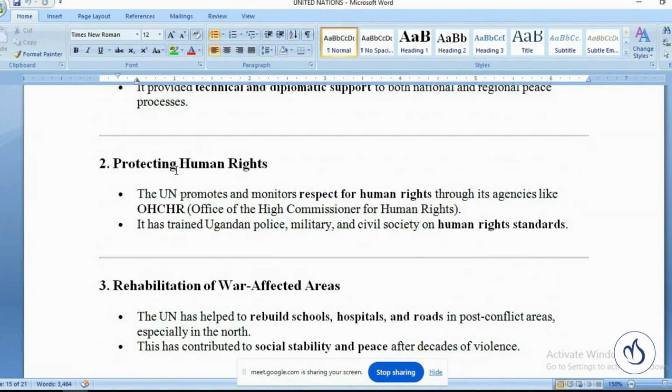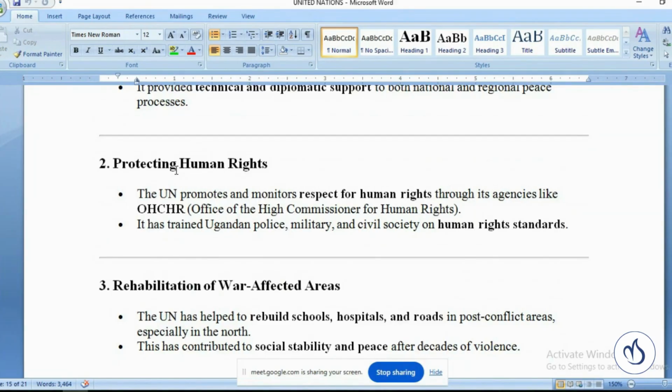So you will find UN fighting hard to train the police on how to handle people, and especially the women and the younger people, so that their rights cannot be violated. And what a problem!